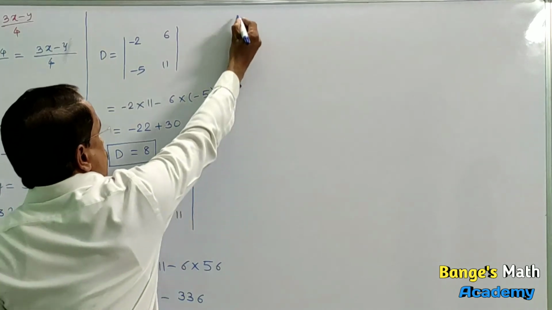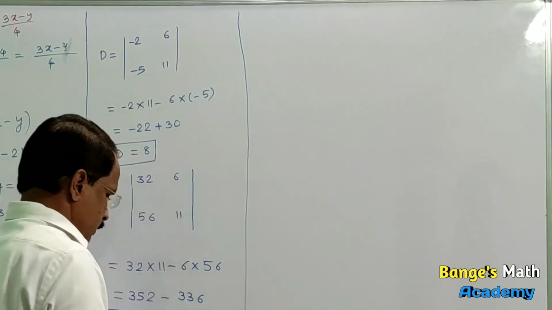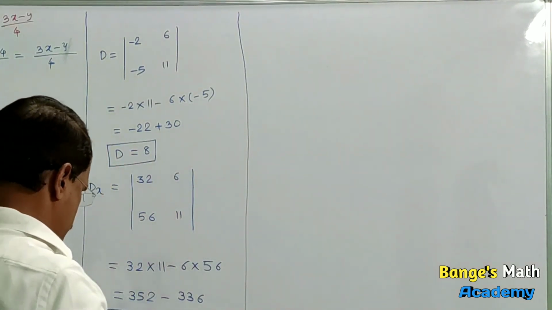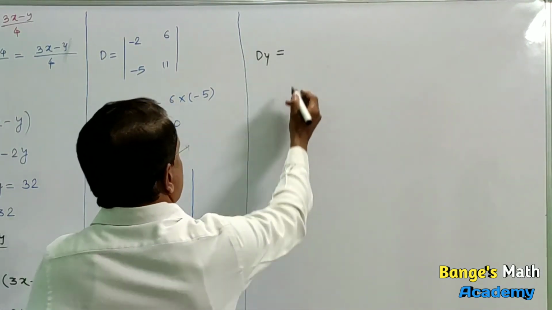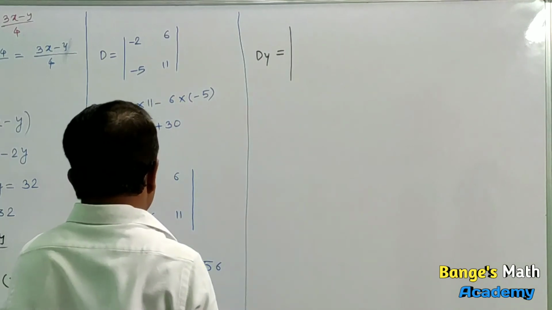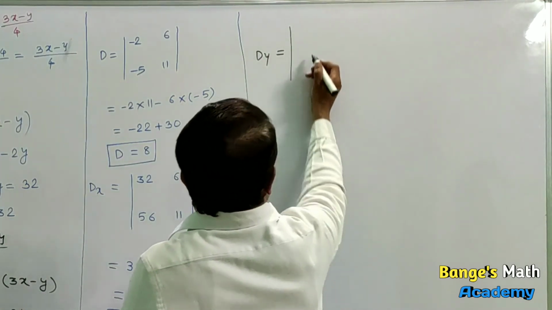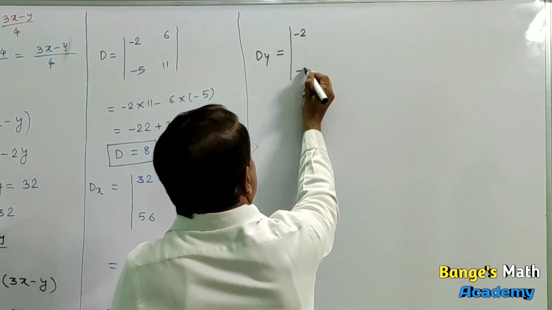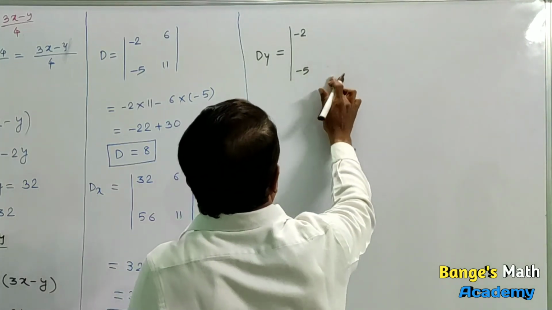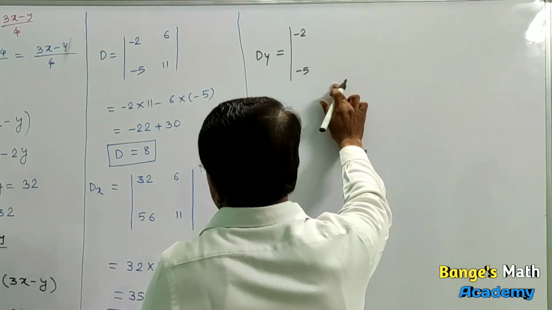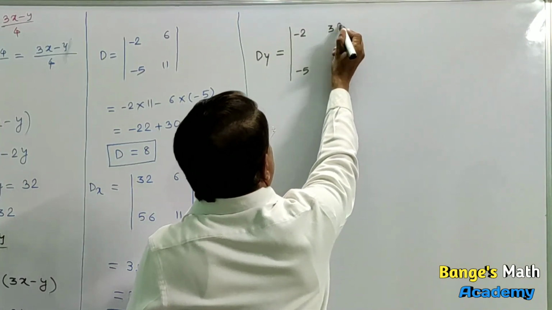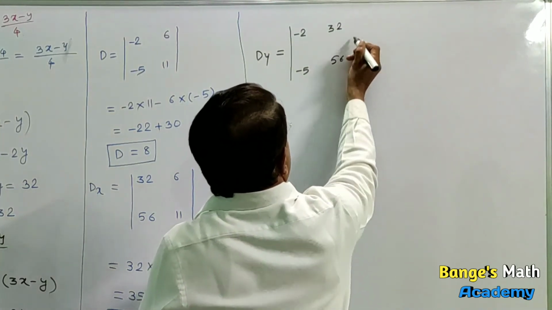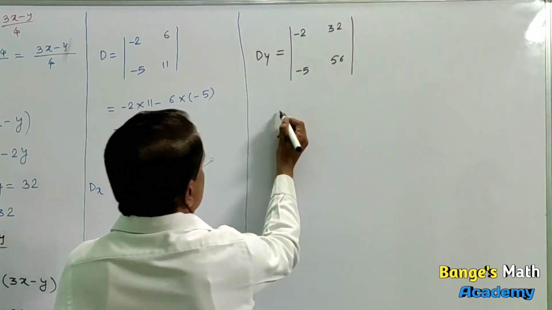Then find dy. Dy is equal to, in first column write down coefficients of x: minus 2, minus 5. In second column neglect coefficients of y and replace it by constant term: 32, 56. Simplify this.